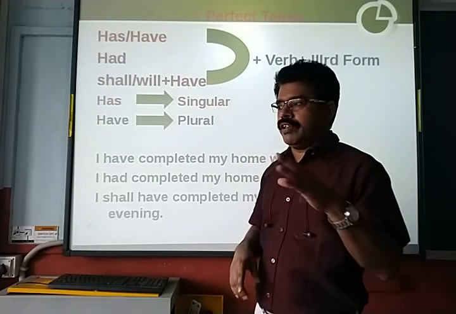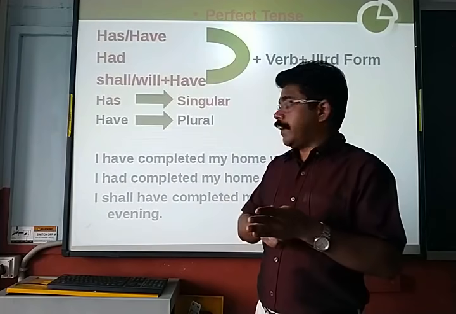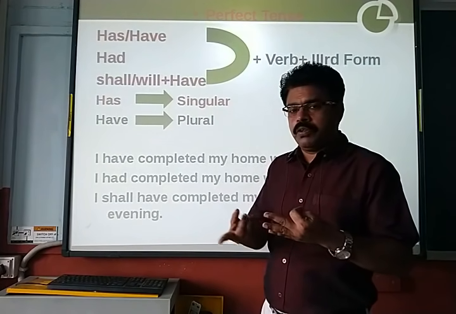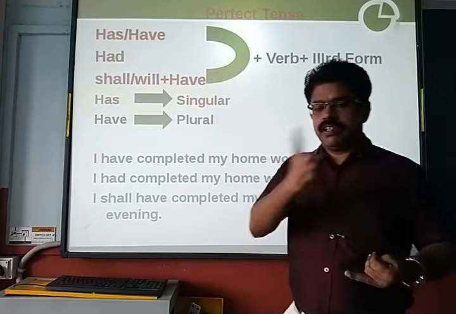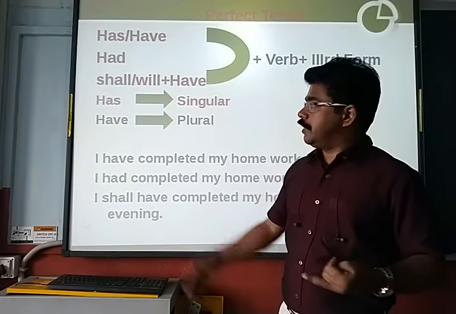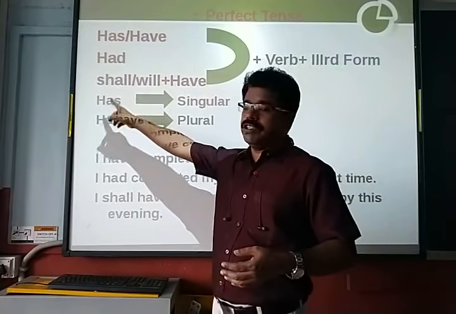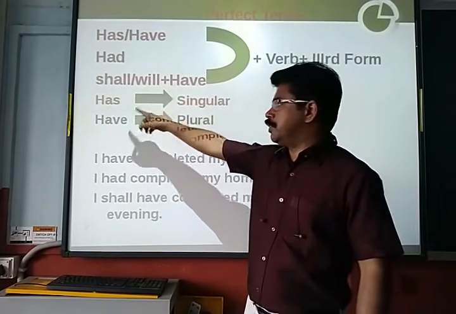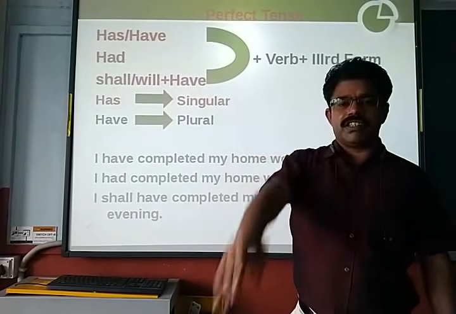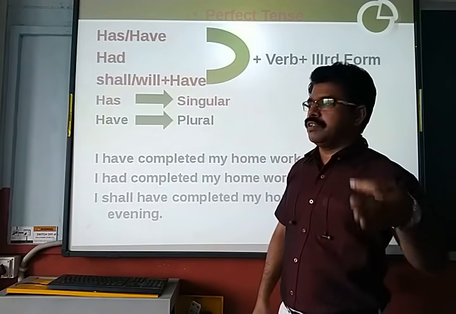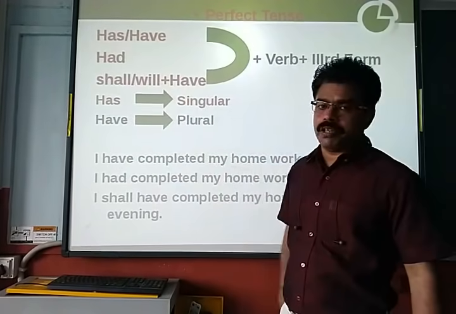Generally we don't use I has, no, we has, no, you has, no. Altogether we have got only he, she, it. In the present tense we have got has. He, she, it has. That means third person singular in the present tense only. That is a usage. Has is used only in third person singular in the present tense. That is the usage of has we generally speak about.